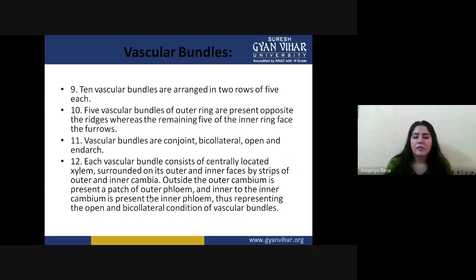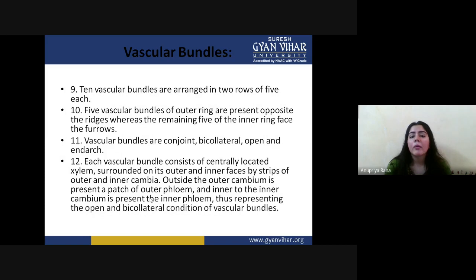Next, we will see the vascular bundles, the innermost structures. There are 10 vascular bundles present inside the dicot stem. They are arranged in 2 rows of 5 each.